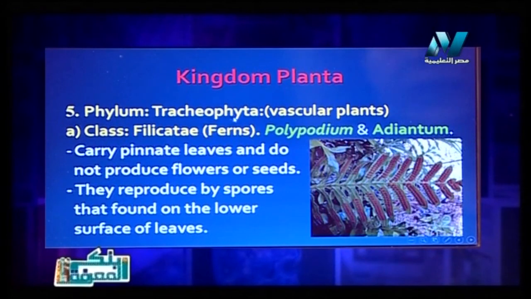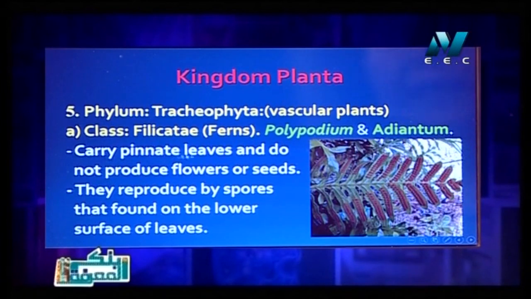This phylum, Tracheophyta, includes Filicinae, as we said, and the fern plants here, the examples are Polypodium and Adiantum. In this picture, you can notice the red patches arranged in a pinnate pattern, and these patches contain the spores which are used in reproduction in a part of its life cycle.